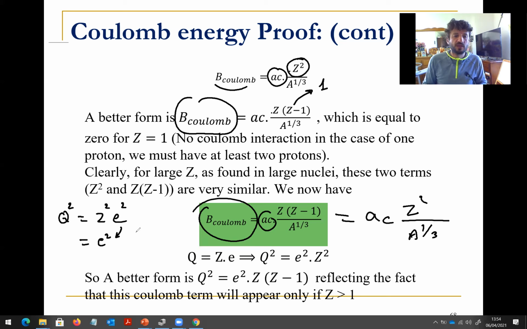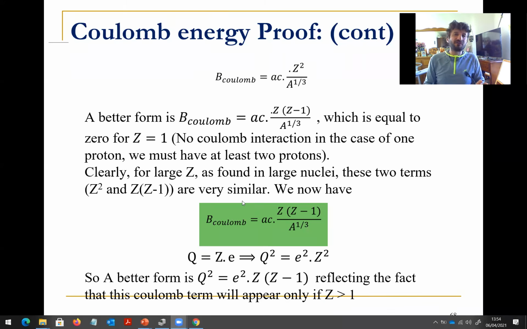Anyway, the Coulomb term will appear only if Z is greater than 1, in order to have two protons and a repulsive force between them.